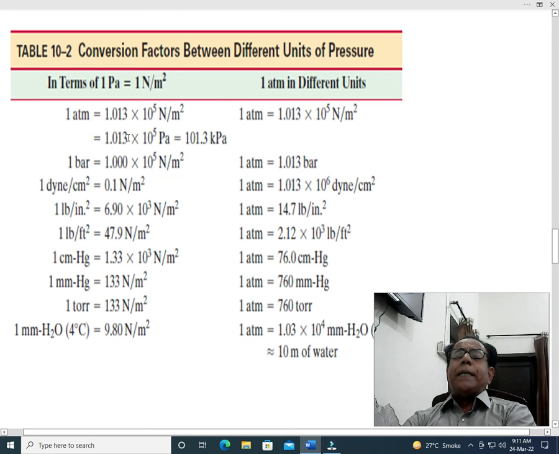If we multiply it with 100, then it will become 101.3, and from here 10 raised to the power 2 will be subtracted, and we will be left with 10 raised to the power 3, which is equal to kilo. That is why this can be written as 101.3 kilopascal.